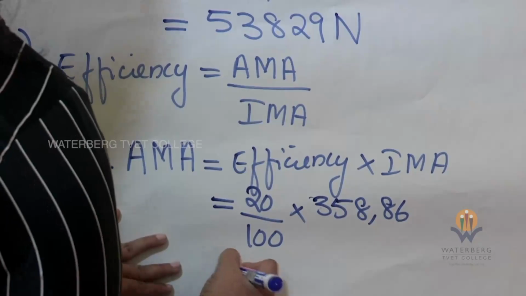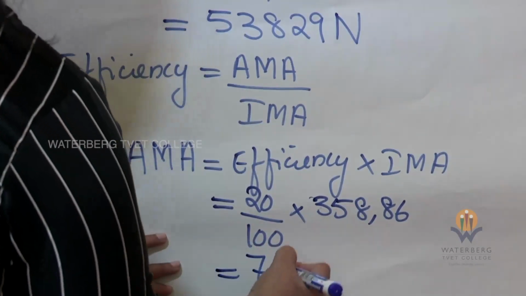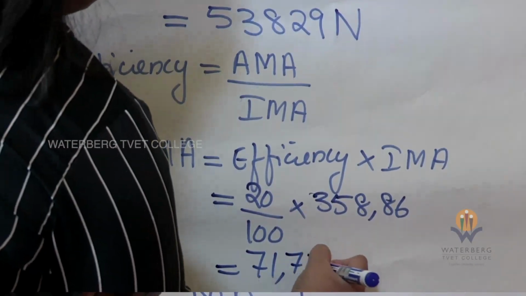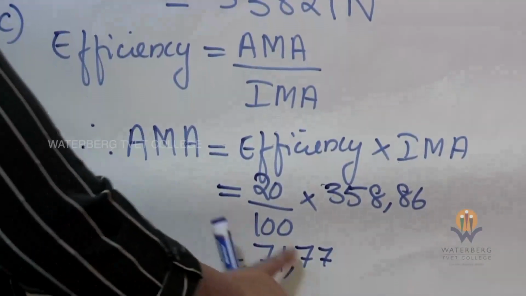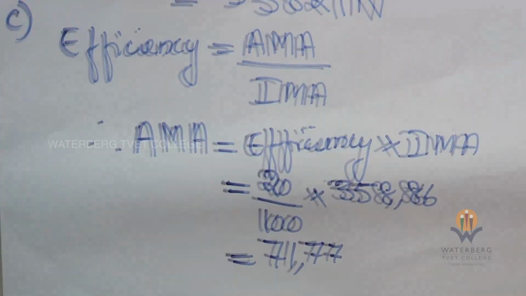This gives us 71.77. Again, mechanical advantage is a ratio, therefore it doesn't have any units.